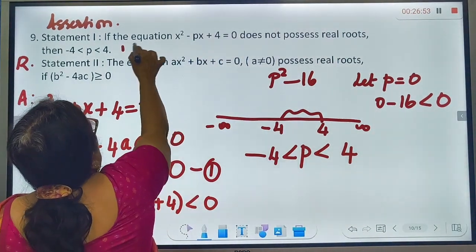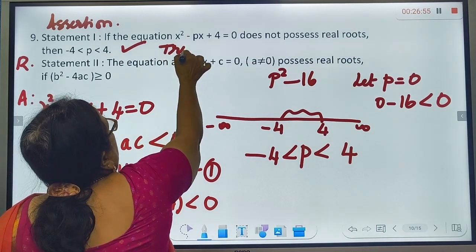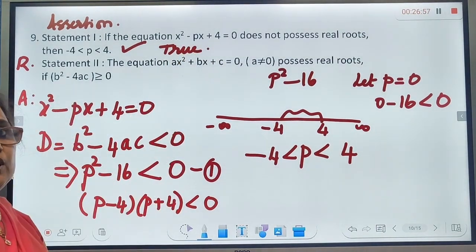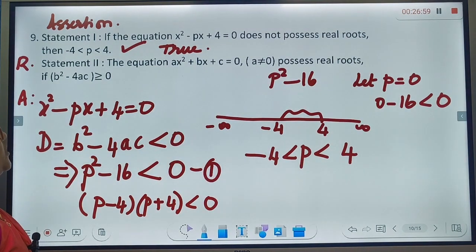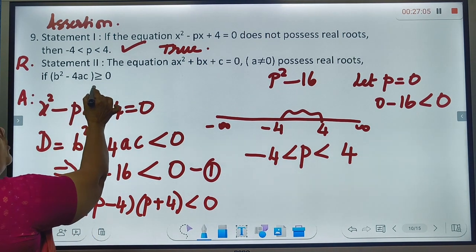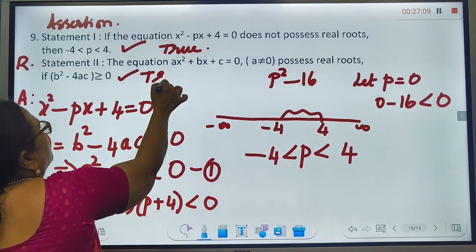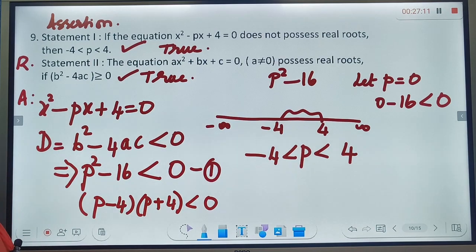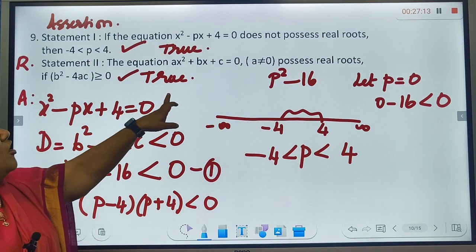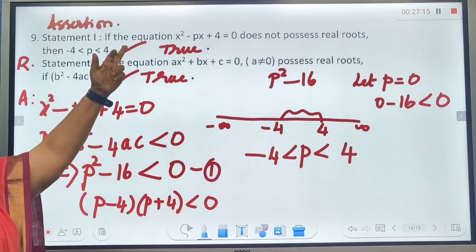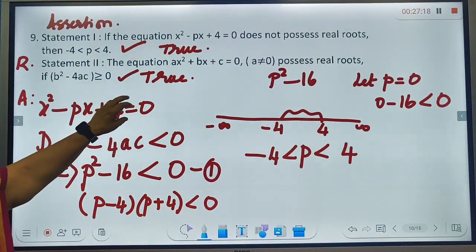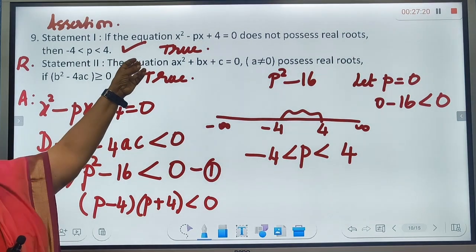So this is a true statement. Now what about statement 2? The equation ax square plus bx plus c, a not equal to 0, possesses real roots if b square minus 4ac is greater than or equal to 0. This is also a true statement. But this is not the reason for the first. First is true, second is true, but second is not the reason for the first to be true.